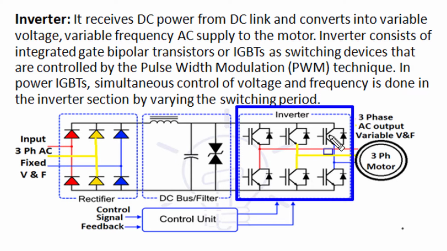A modern voltage source inverter circuit consists of insulated gate bipolar transistor or IGBT switches, and these IGBT switches are controlled by a microcontroller unit, and modern inverters use PWM, pulse width modulation technique, to get almost a pure sinusoidal output with a minimum amount of harmonics so as to improve motor performance at all voltage and frequency conditions. And this microcontroller controls switching of these IGBT switches in such a way that we get the desired voltage and desired frequency output for this three-phase motor.